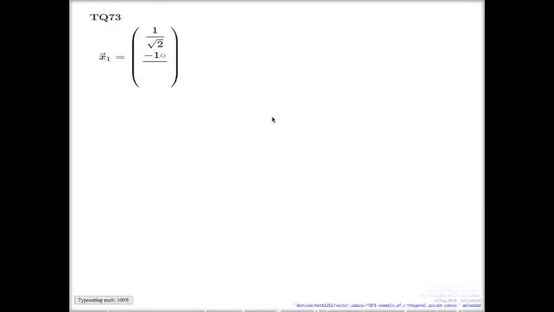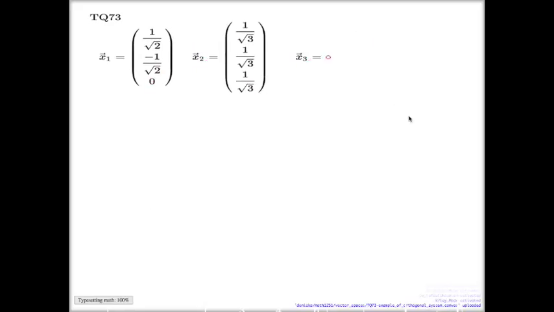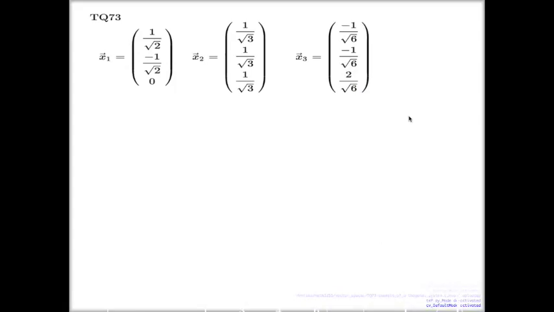Question 73 from the tutorial book is very typical. Here's the example of an orthonormal system. Here's your catch. Orthonormal systems by themselves are not easy. I mean, most of the time they don't look nice.